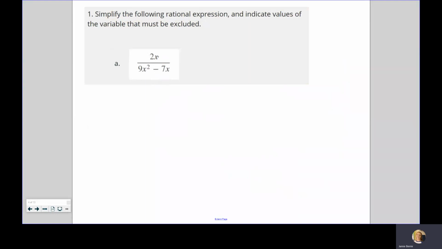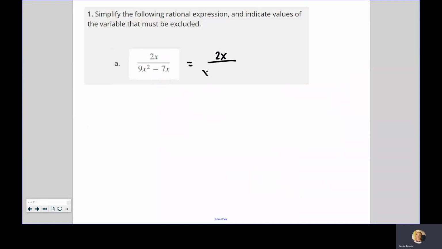All right, so we have 2x divided by 9x² − 7x. Right off the bat, I'm noticing that we have an x in the top. We have x in both of the terms in the denominator. So it looks like we should factor an x out of the denominator. We'll just leave the top alone for right now.